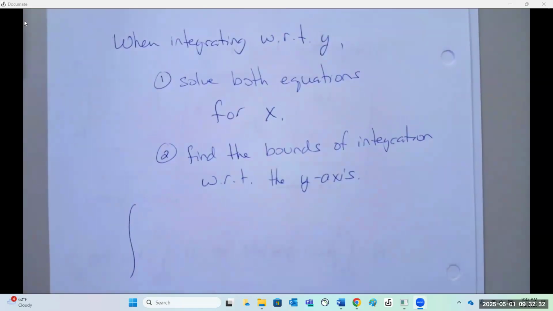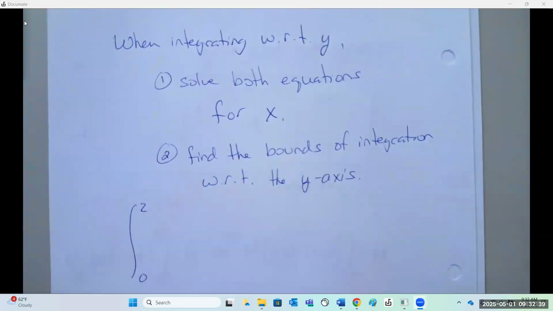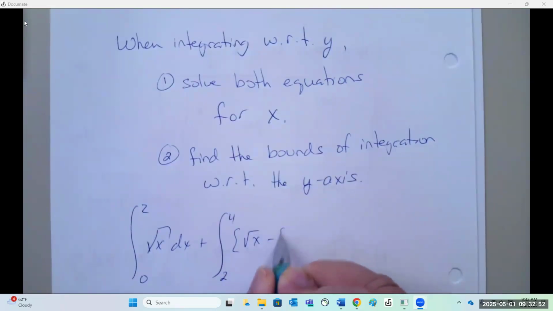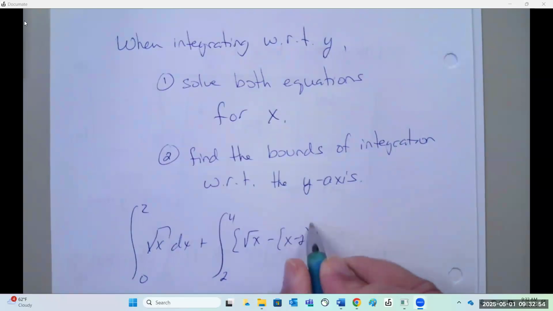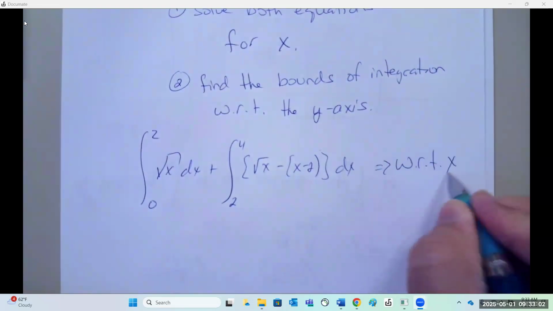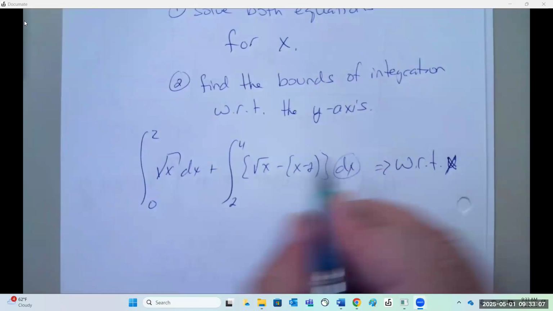So we changed our original one, which was example 6. It was from 0 to 2 of square root of x dx plus 2 to 4, this is with respect to x.